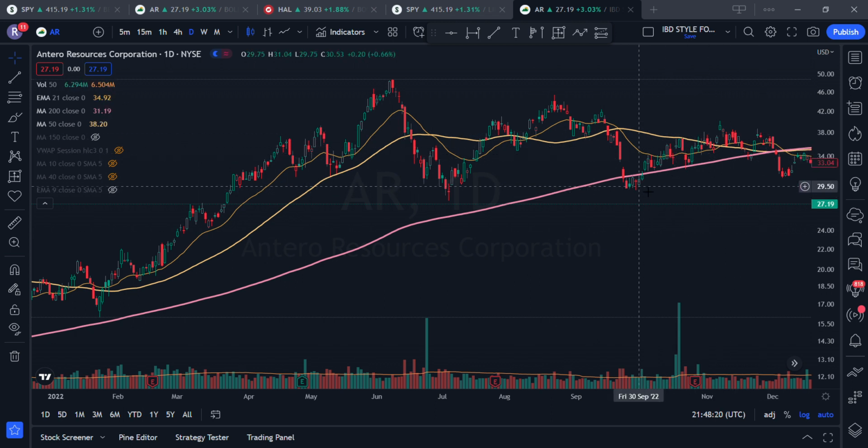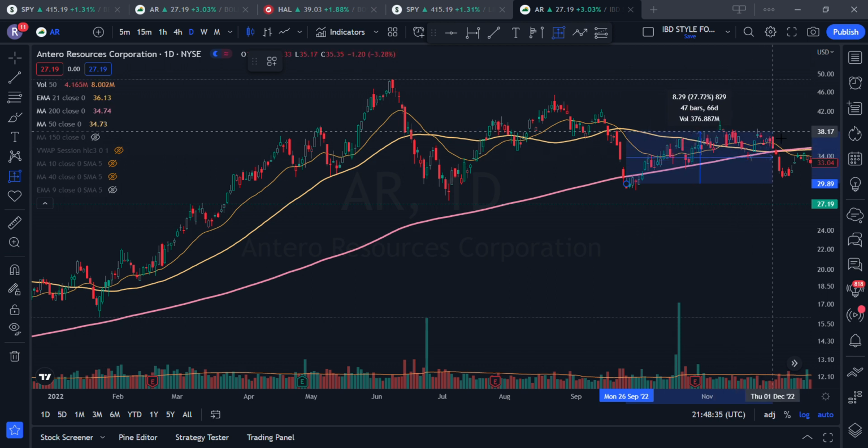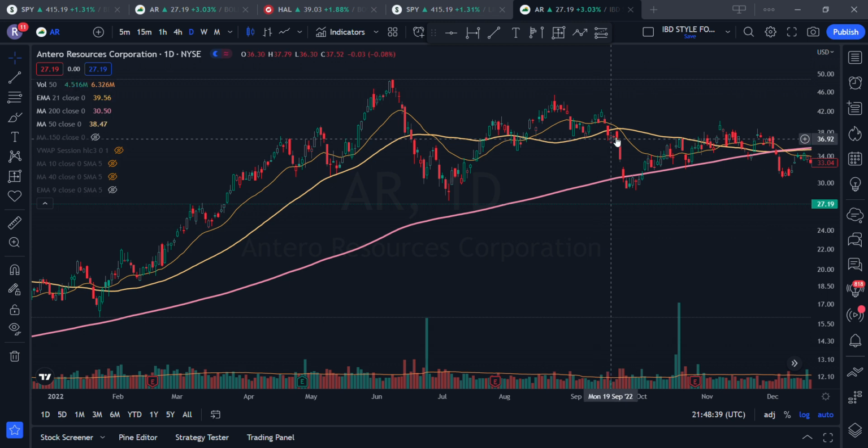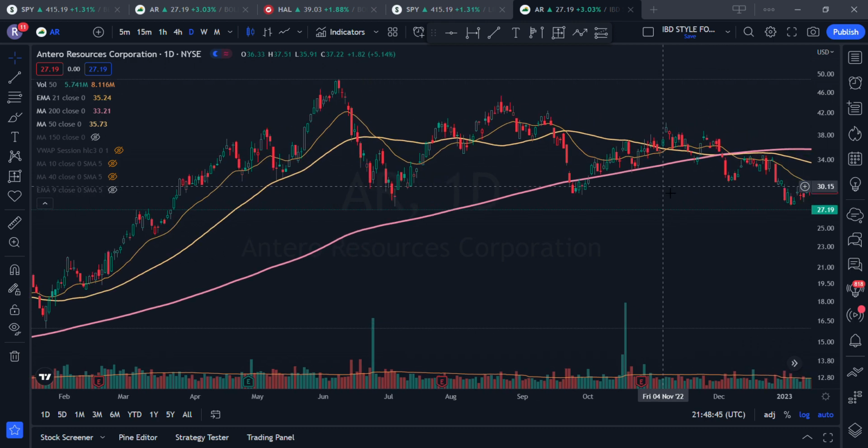This is what I call wedging action. The price comes down in a matter of 3 to 4 days, and then it takes forever for the price to rally back up to that point. It takes 66 days to recover a break of 3 days. So that tells you the whole picture has changed, right?